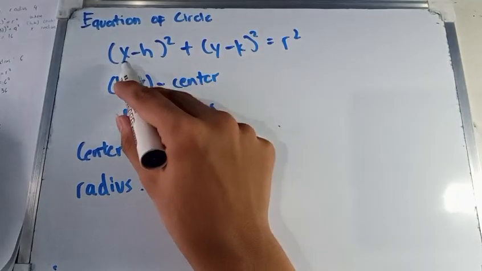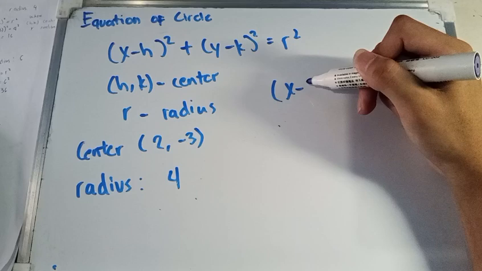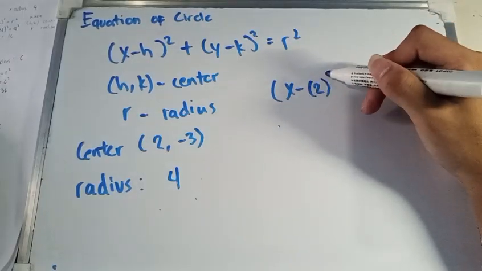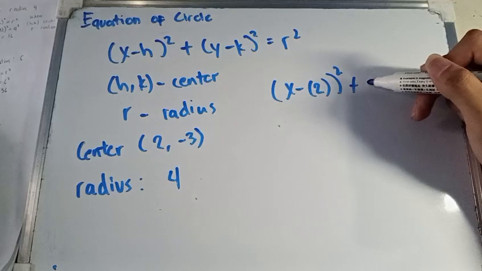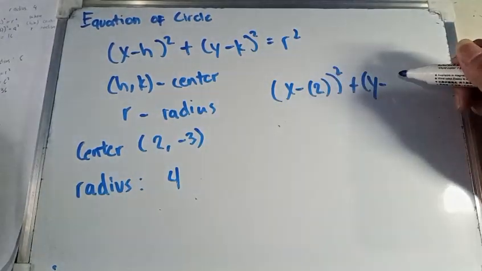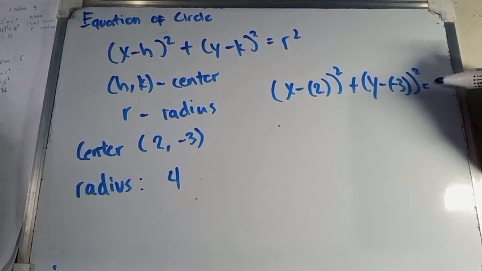So we can use this standard form: (x - h), which is 2, squared, plus (y - k), which is -3, squared, equals r squared, which is 4.